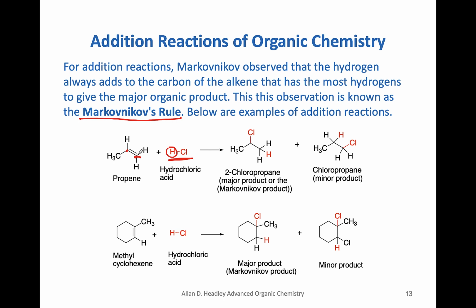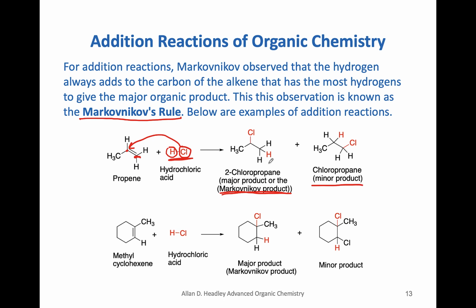The hydrogen goes to the carbon that has the most hydrogens to give the major product. So it goes here, and of course the Cl will go over to here to give the major product, which is also known as the Markovnikov product. This would be the minor product.